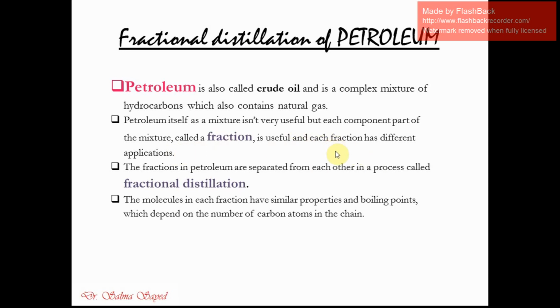What technique is suitable in such a case? It's fractional distillation, which we've already tackled in the second topic on experimental techniques. Fractional distillation, as a quick reminder, is used to separate a mixture of miscible liquids that have different boiling points. So the different boiling points is my key word here.